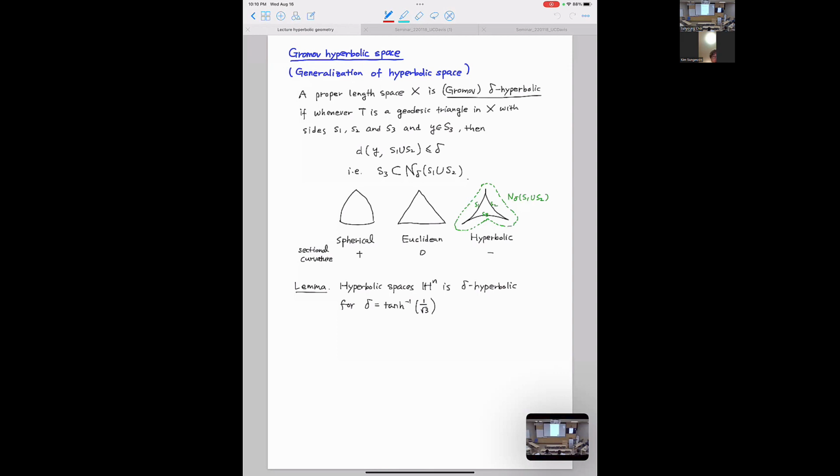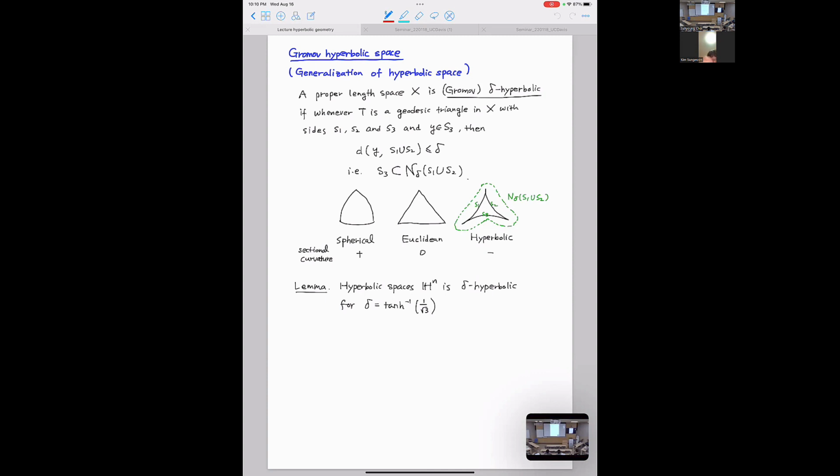Okay, so the definition: a proper geodesic metric space X is delta-hyperbolic whenever T is a geodesic triangle in X with three sides S1, S2, S3, and we pick any point Y in S3, then Y is contained in the delta neighborhood of S1 union S2.